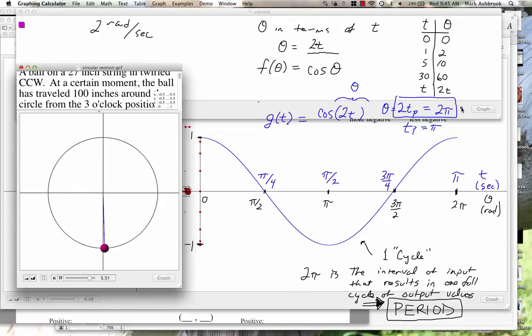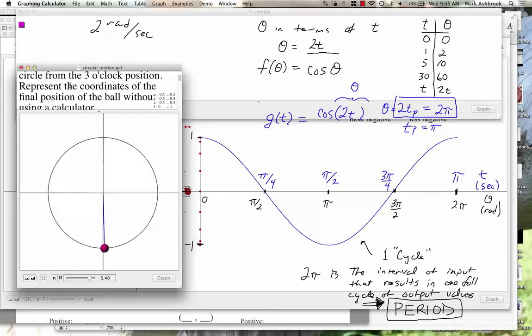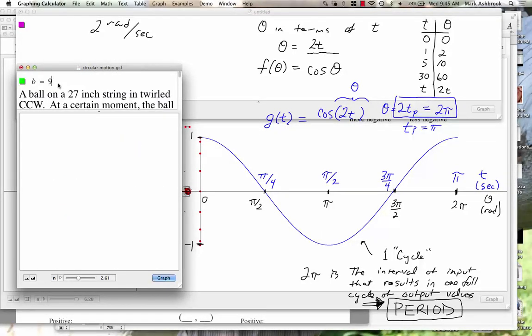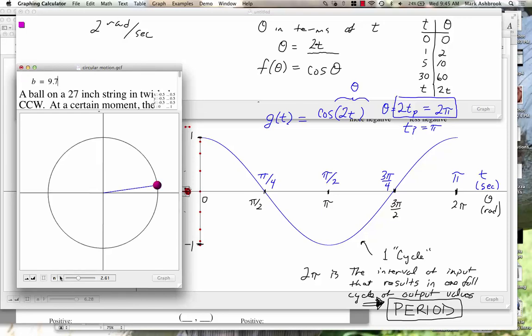Imagine trying to twirl a ball and keep its radial speed constant. 2 radians per second would be really tough. This is super slow, so let's speed it up a bit. Let's speed it up to 9.7 radians per second. This feels more realistic. You could get this going at about this speed and keep it kind of constant.